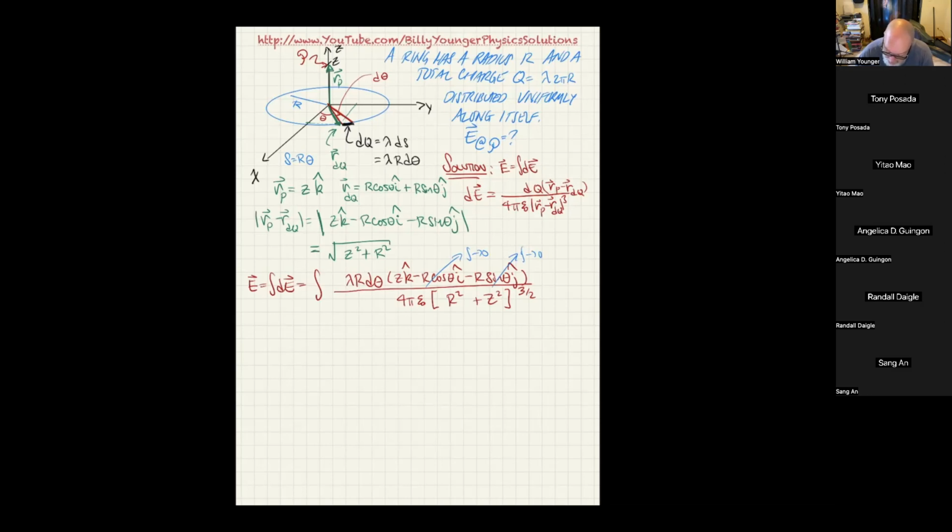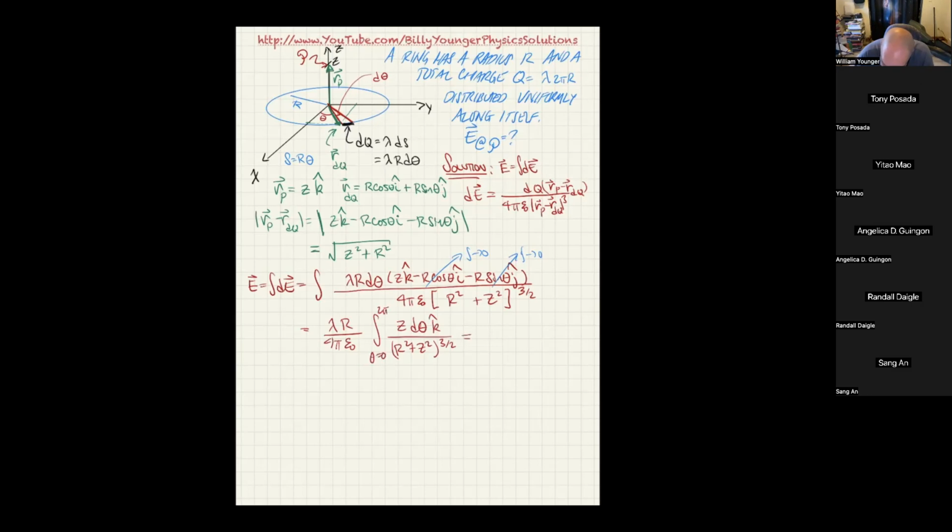So we're really only left with the other term, which gives me the integral of lambda r over 4 pi epsilon naught. And then you're going to have an integral of z d theta k hat over r squared plus z squared to the 3/2, which, by the way, are completely constant. And this is going to go from theta equals 0 to 2 pi.